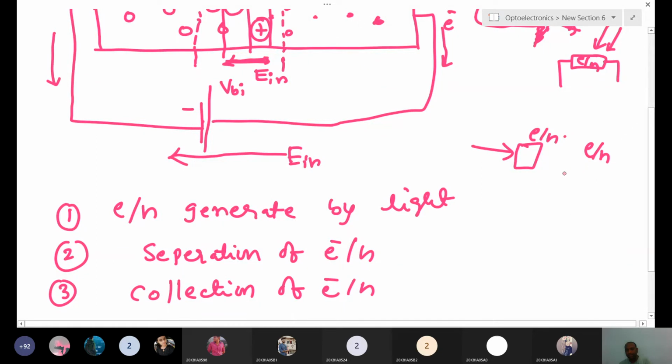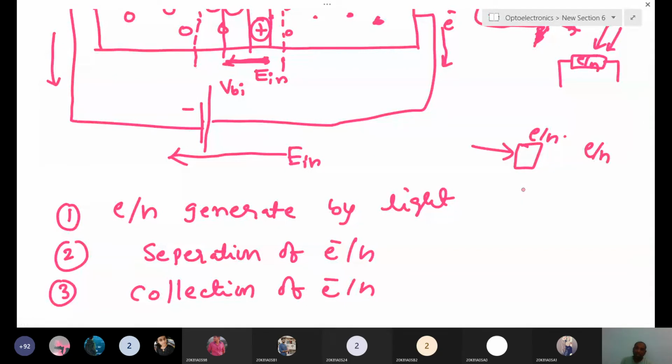When you do not shine the light, how many are created? With light and without light, we are just taking one object, any material, and illuminating light on it. Once you incident the light, how many electrons or holes are created, and how many we have collected, we will note down.